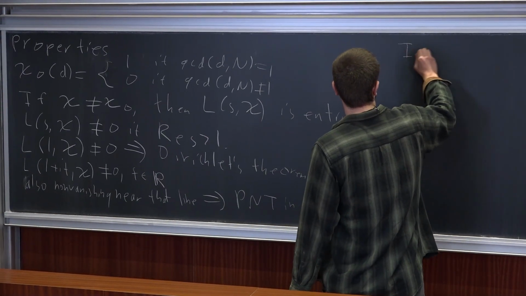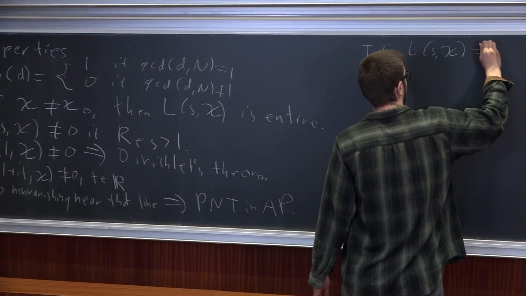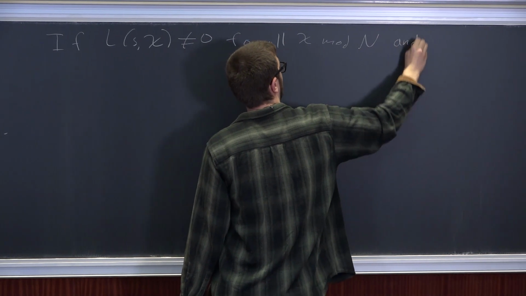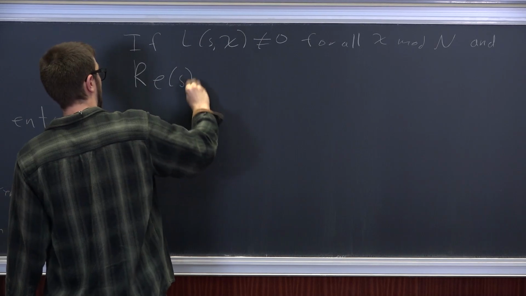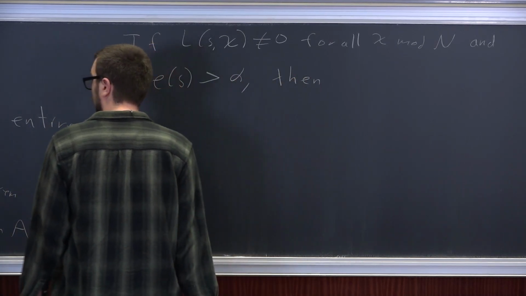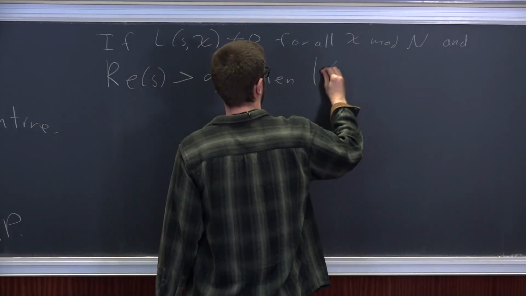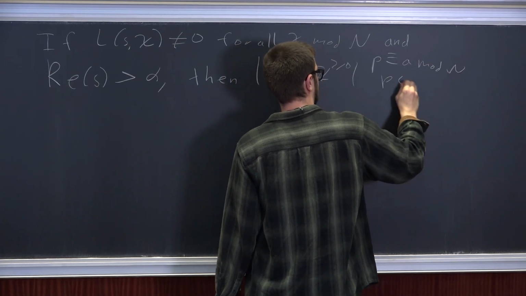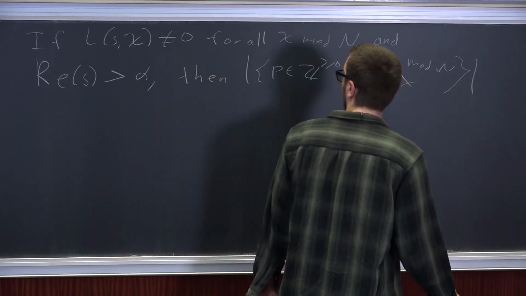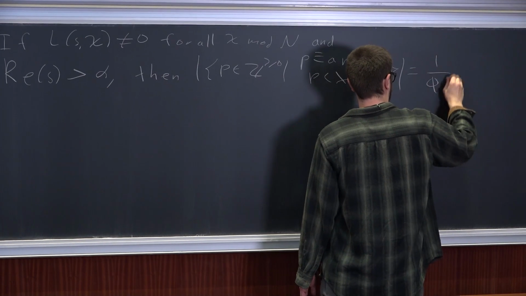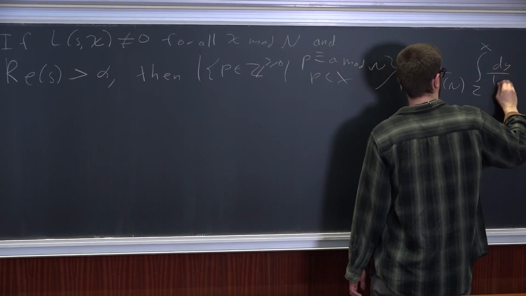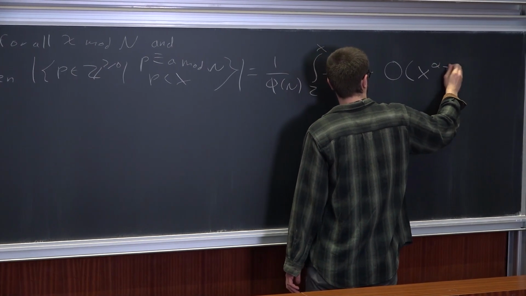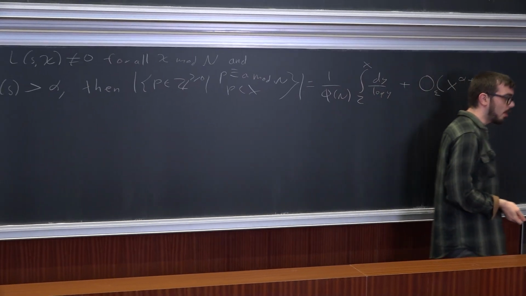In particular, if L of s, chi is non-zero for all chi mod n and all s with the real part of s greater than alpha, then we get the set of primes p where p is congruent to a mod n and p less than x would have size 1 over phi of n, integral from 2 to x of dy over log y, plus O of x to the alpha plus epsilon. This is for all epsilon greater than 0.